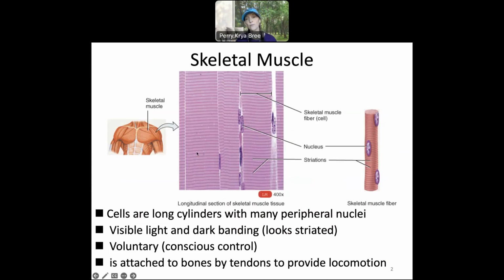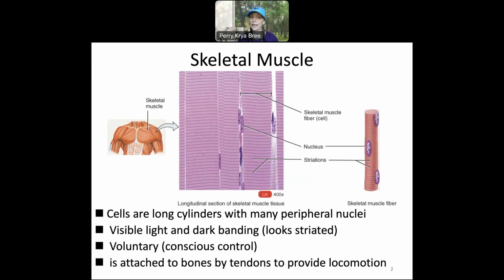Also, again, this is under voluntary control. This is kind of more lecture stuff. But again, voluntary conscious control, you control your skeletal muscles, very different than smooth muscle and cardiac muscles. And obviously where you're going to find your skeletal muscle is attached to your bones, right? It's going to go from one bone to another so that you can move those bones, and it's going to be connected by tendons.